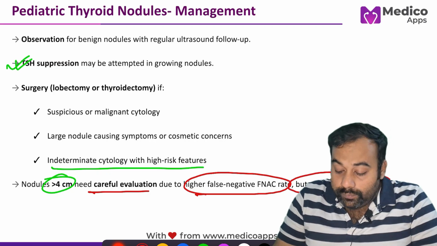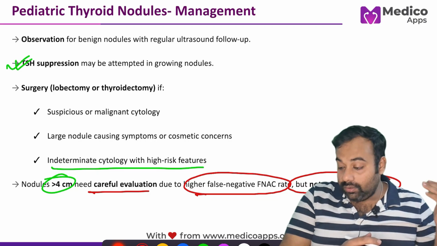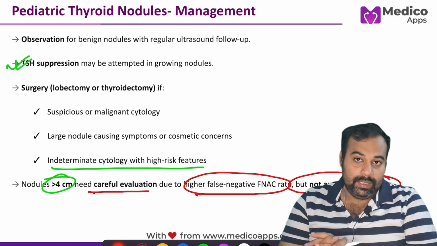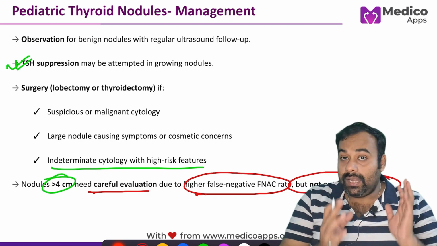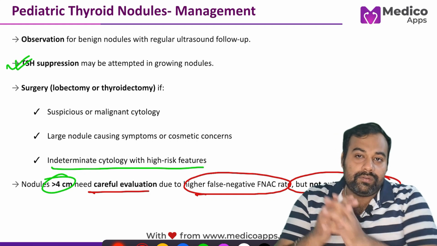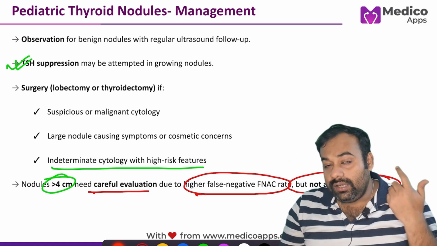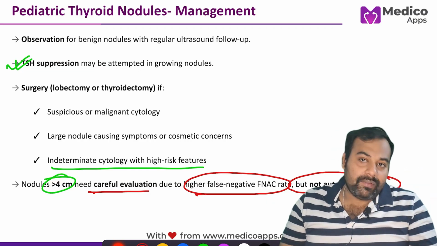We should not go with automatic surgery in case of a nodule more than 4 centimeters. We cannot straight away go to the OT, right? Before that, we need cytological confirmation from the pathologist side. So in that case, we might need to go for multiple settings of the FNAC, right?